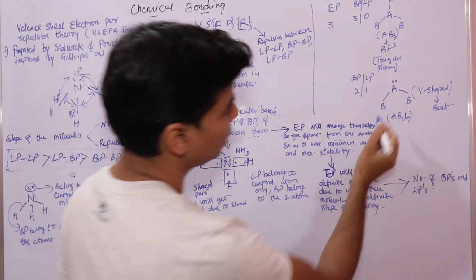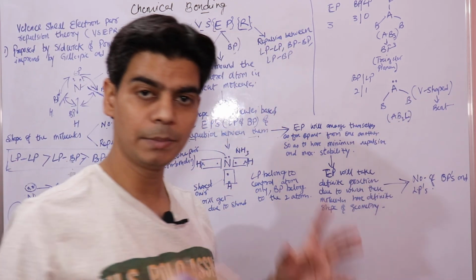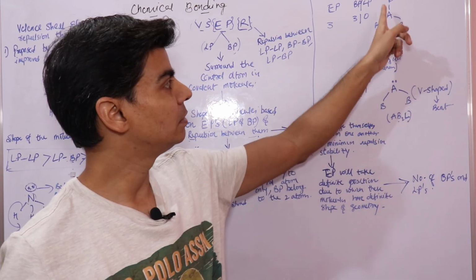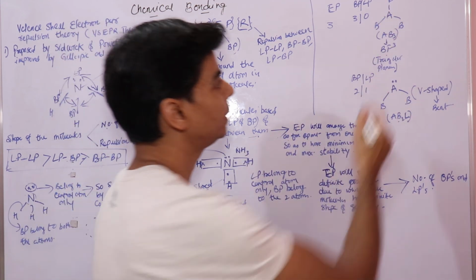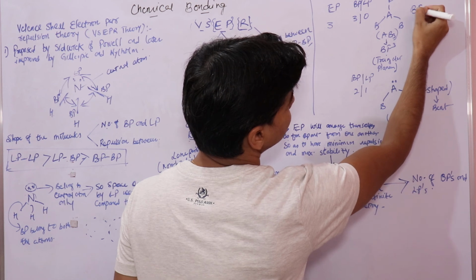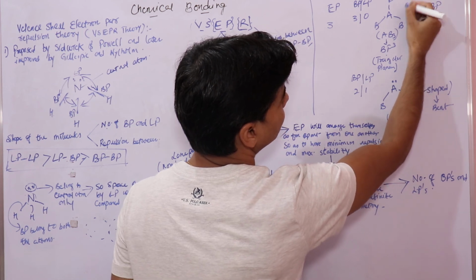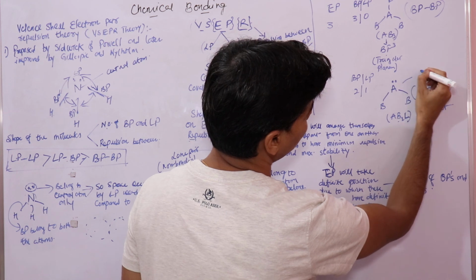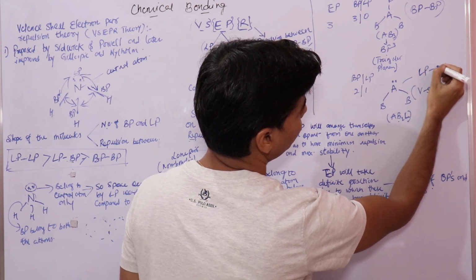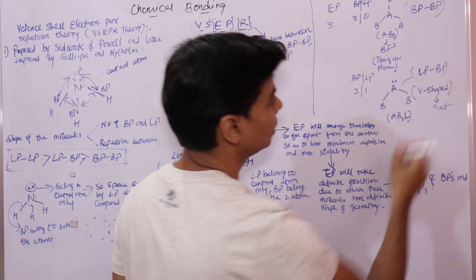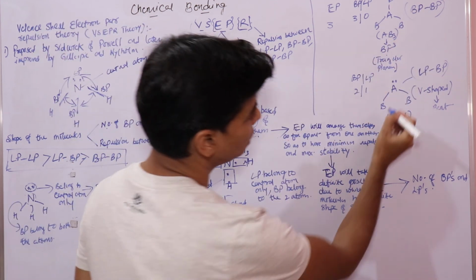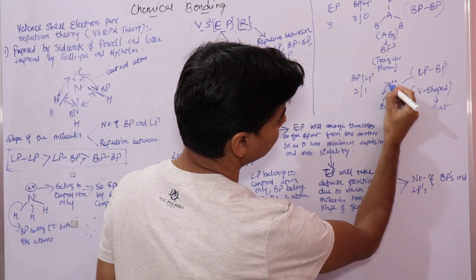So here the repulsion between the lone pair and bond pair has now increased. Here the repulsion is bond pair and bond pair, right? This repulsion is less. Here the repulsion is lone pair and bond pair, right? This repulsion is more compared to this. So this molecule will be bent, right?